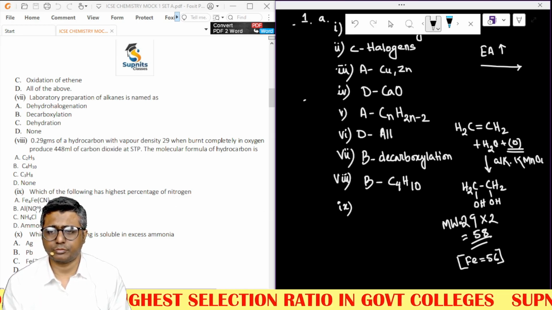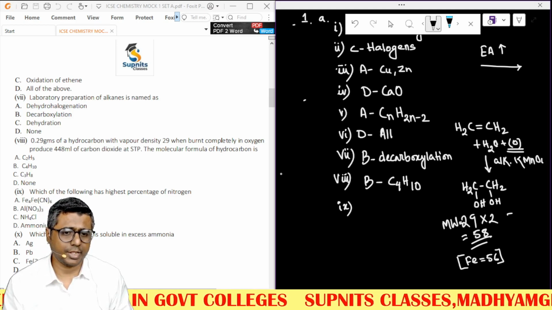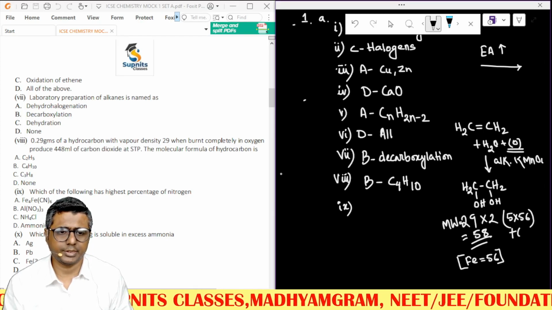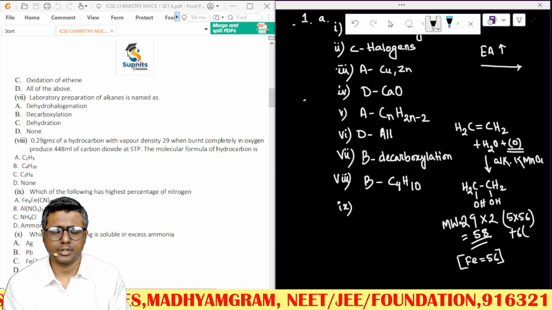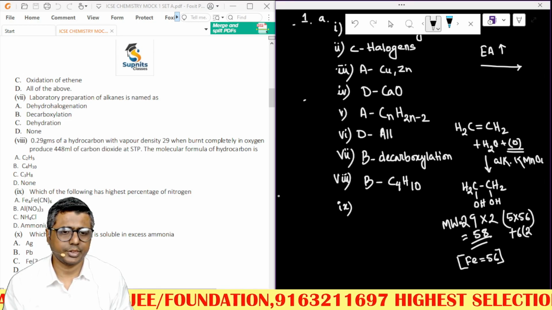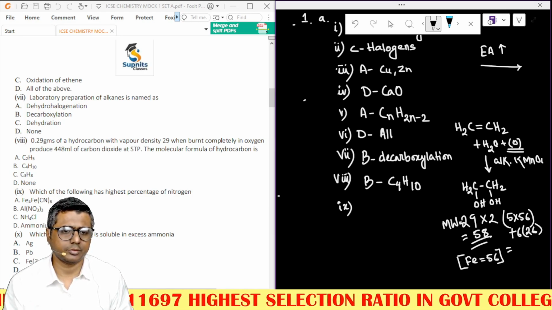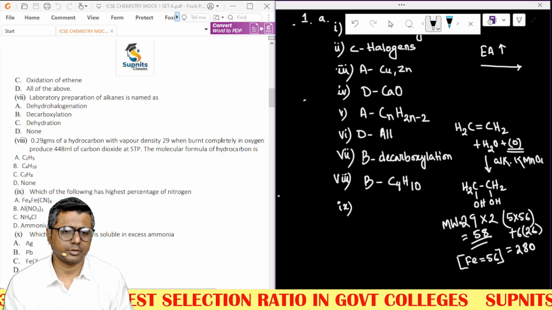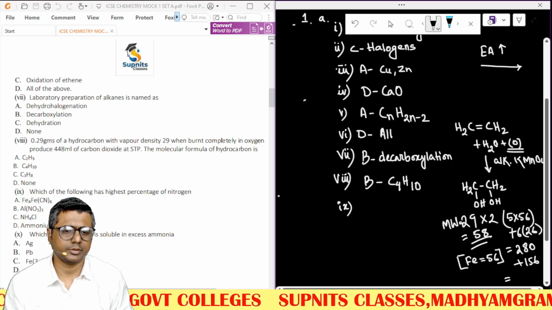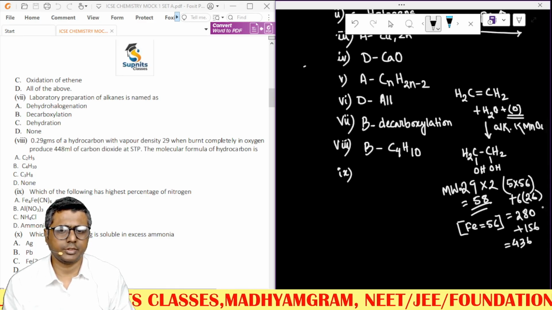So Fe4[Fe(CN)6]3. Here that means 7 Fe are there. So 7 into 56, 392, plus 18 into CN, that means 14 plus 12, 26. Together, the molecular weight of the first one is 860.